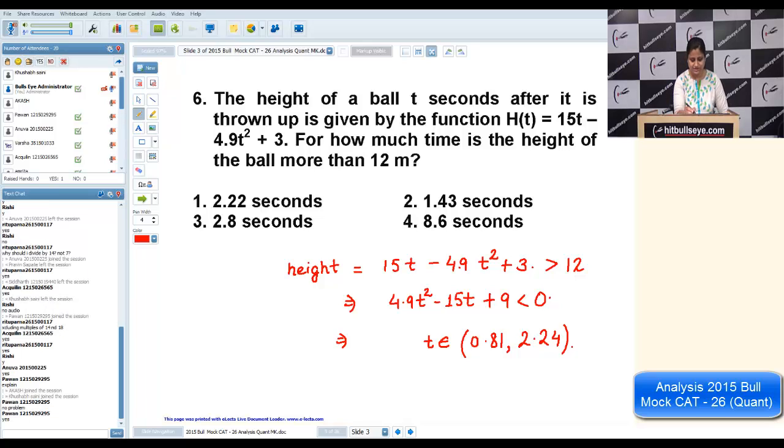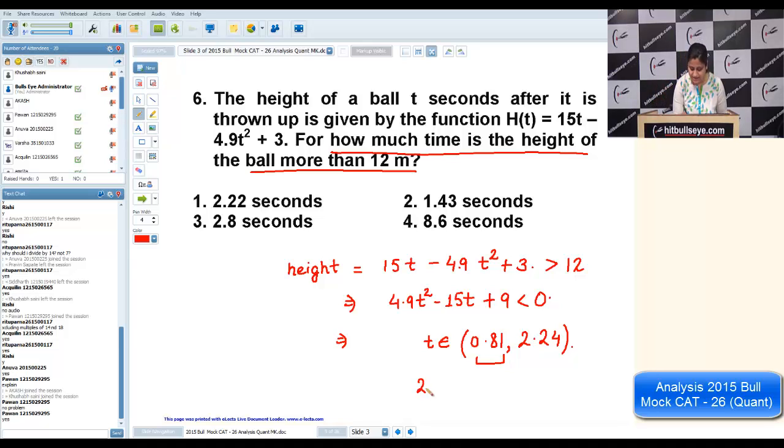Okay, now what is the question? For how much time is the height of the ball more than 12 meters? It means we need to know the time for which the height of the ball is more than 12 meters. So the height of the ball is more than 12 meters when the time goes from 0.81 seconds till 2.24 seconds.